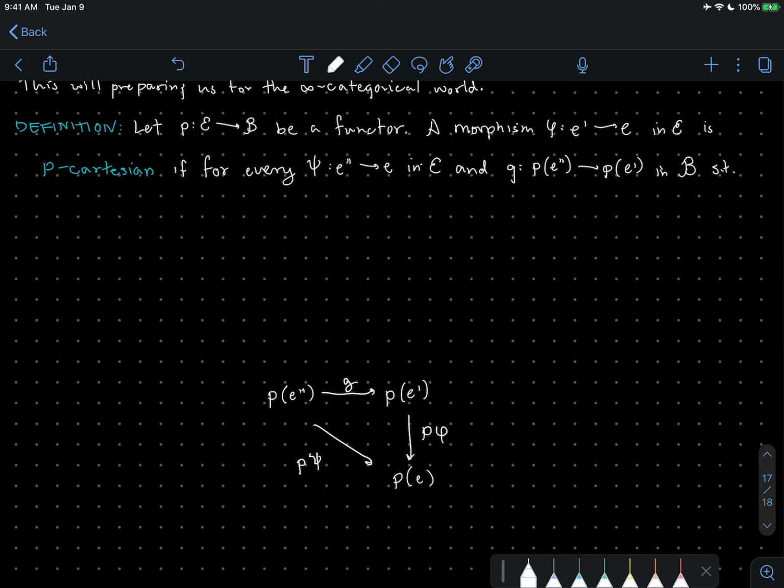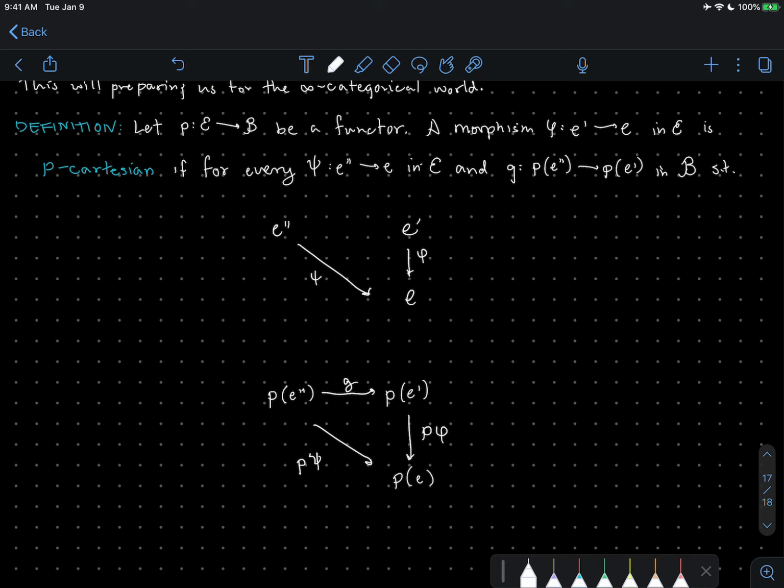I'm going to draw this now up here. E prime to E. This map is phi. E double prime. This map is psi.